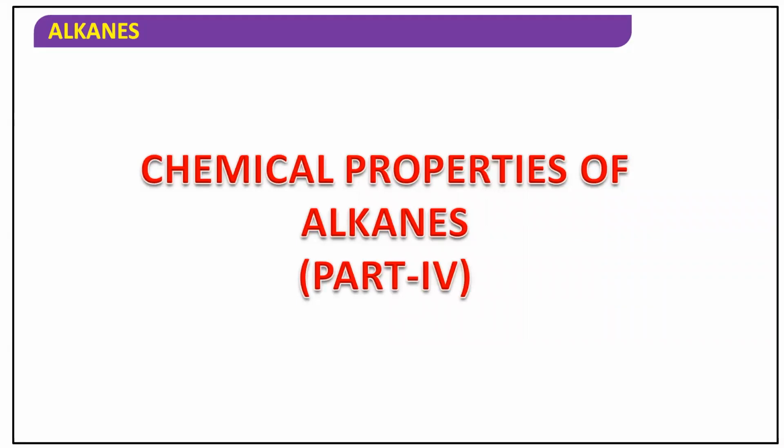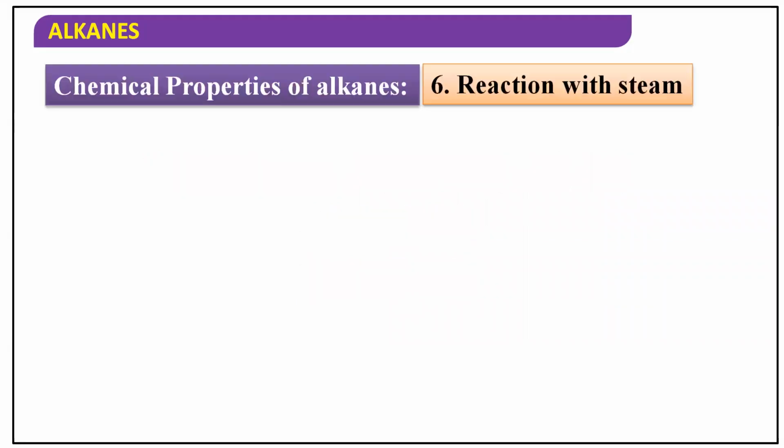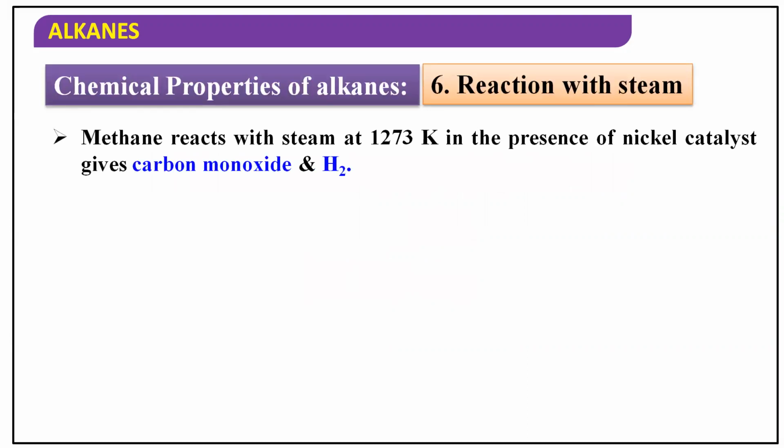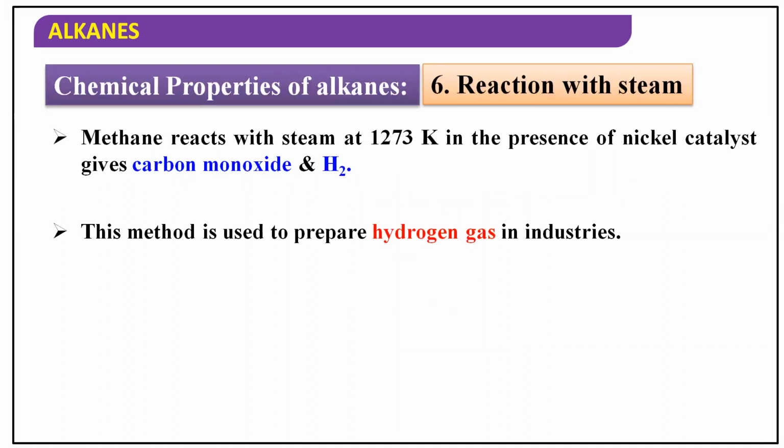Now, chemical properties of alkane, part 4, reaction with steam. Of course, the temperature of water is high, so it converts to steam. In presence of nickel catalyst, remember we are talking about 1000 degrees Celsius, 1273 Kelvin.